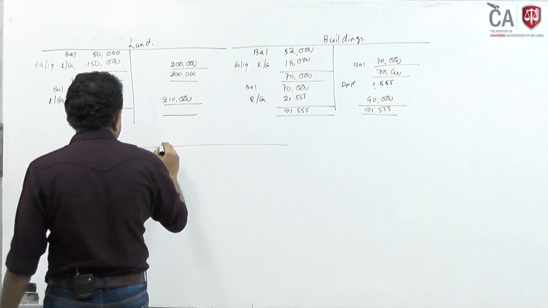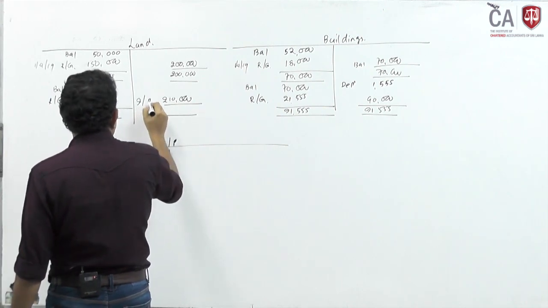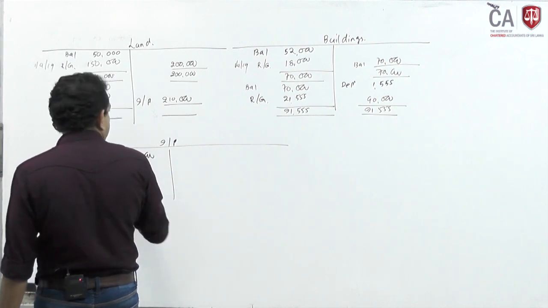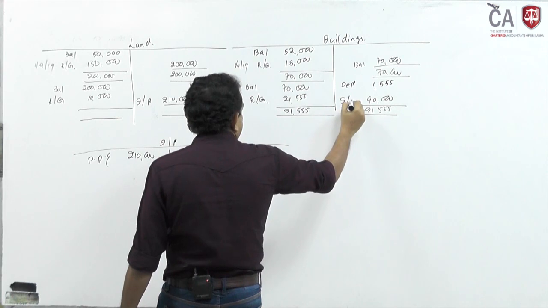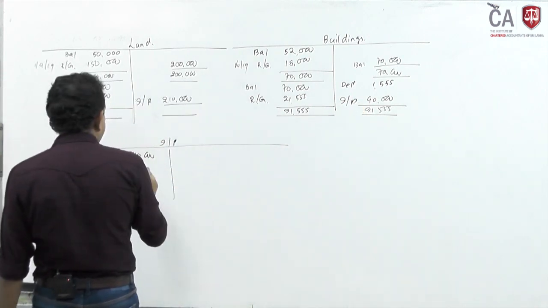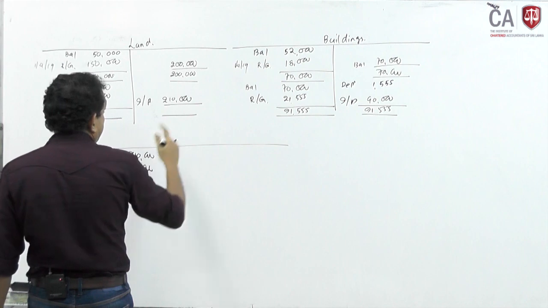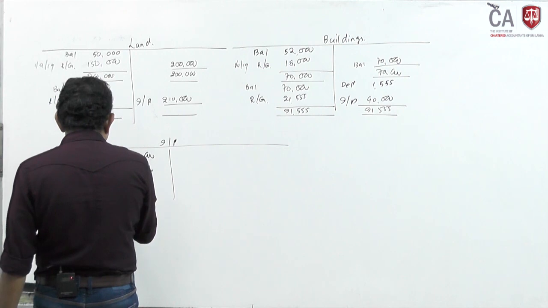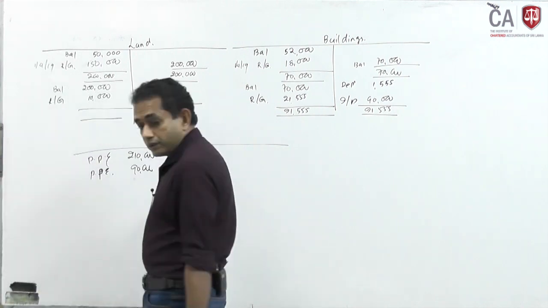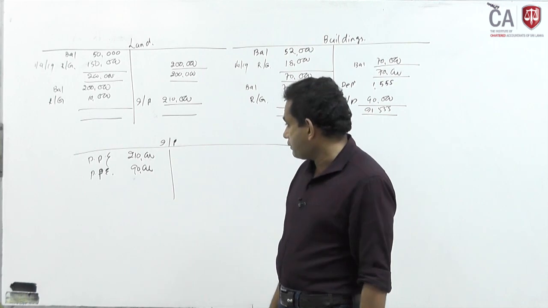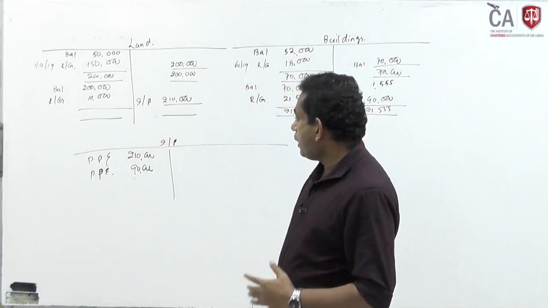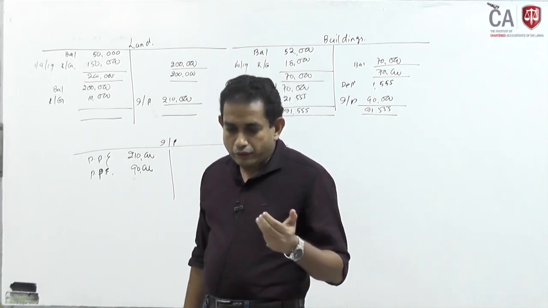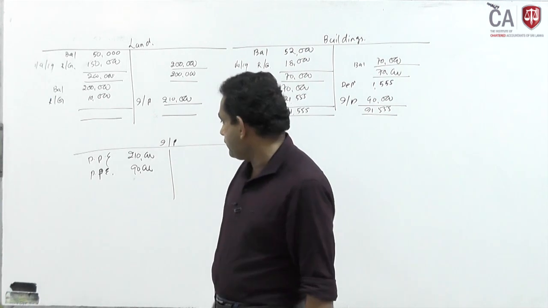Transfer to investment properties: credit property, plant and equipment 210,000, debit to investment properties, and so should be the building, credit to the buildings account and debit to investment properties. You credit to PPE and debit to investment properties, so that we have a balance of 300,000 rupees on 1st August 2019, on the date of the transfer. It has to be 300 million.